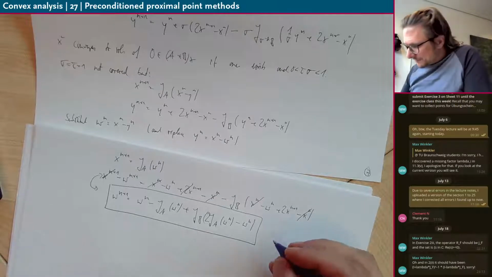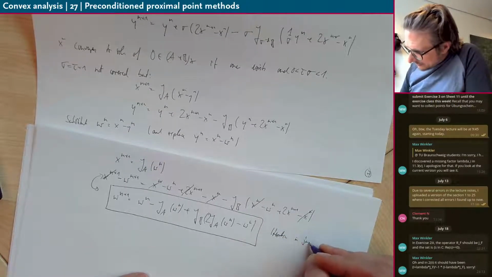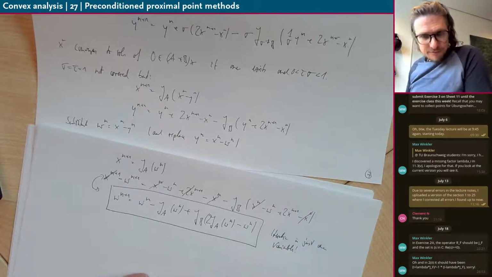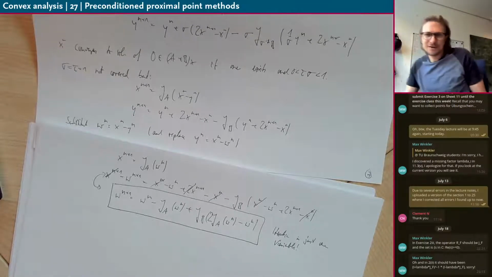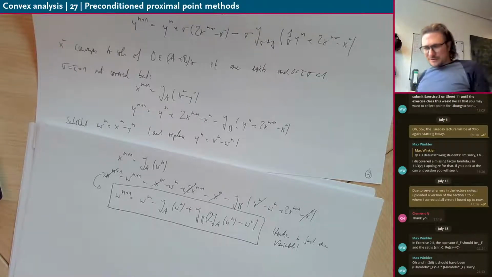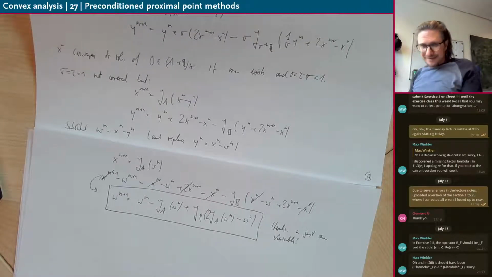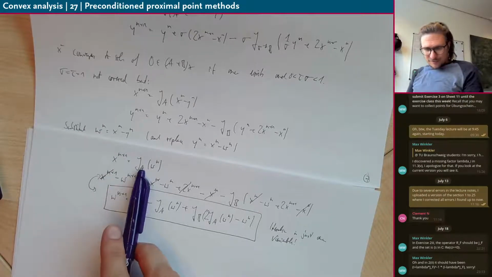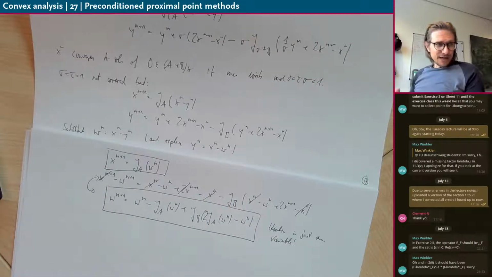Okay, so we can iterate in just one variable. But the catch is, if you iterate this, it's not really clear what the w converges to. But we know that the x from before still converges to a solution, and we still know that it's the resolvent of A applied to w.